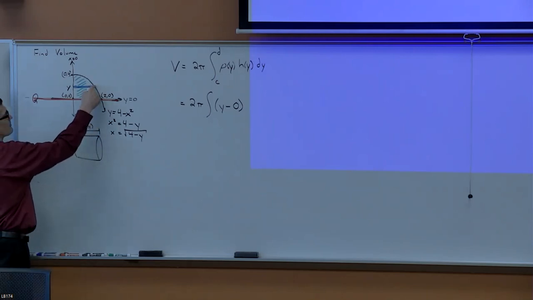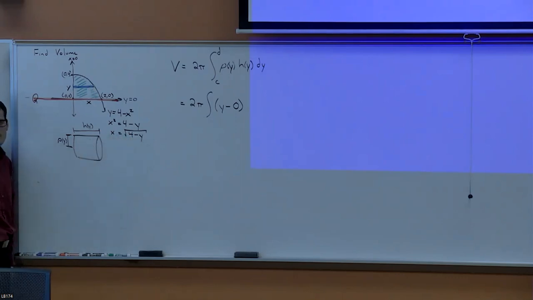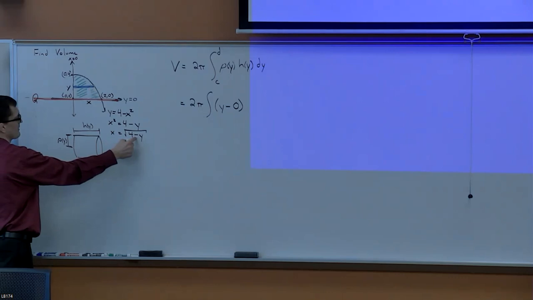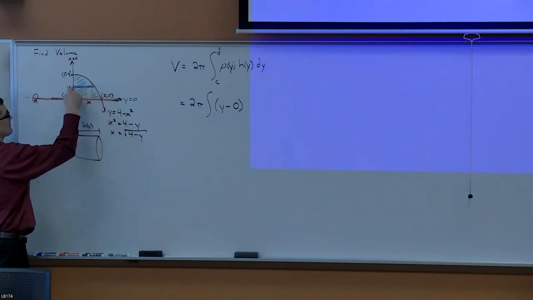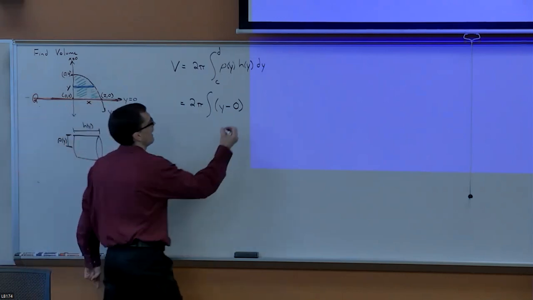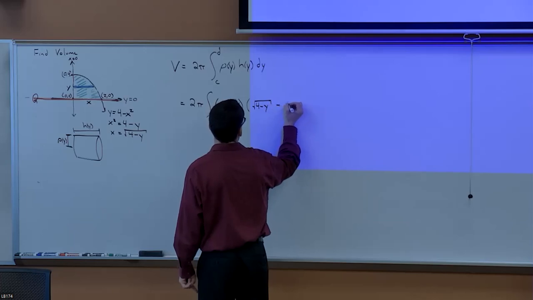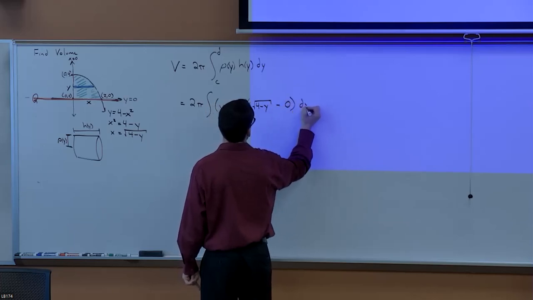So that's the right-hand side of this rectangle, given by that. The left-hand side of my rectangle is simply x equals 0. It's my y-axis. So right-hand side is always this curve. Left-hand side is always x equals 0. And so I go from the top of the rectangle, square root of 4 minus y, down to 0.